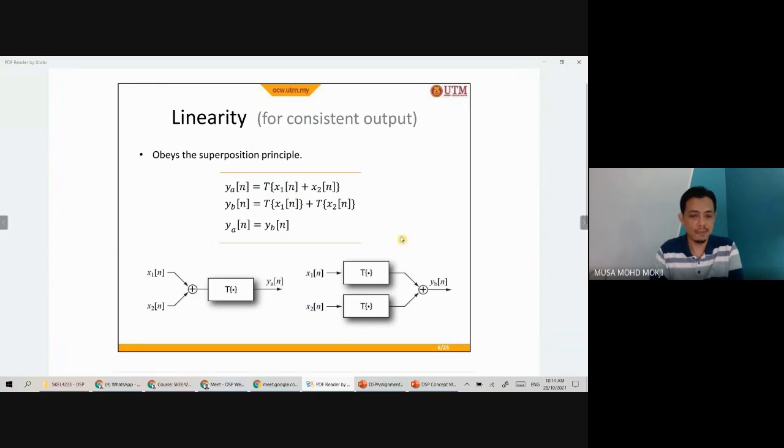That one is linear. But if you buy 2 items, the same item, and suddenly the price becomes 3 ringgit, then it's not linear. So that one is we are looking at the signal value.